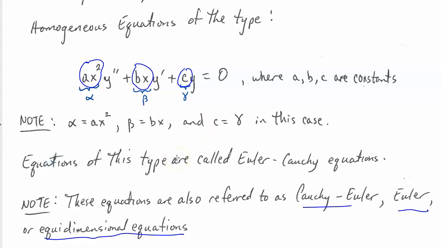Now, the reason why they're called equidimensional type of equations is because, as we can see in this term, notice that the power that x is raised to is the same number as the order of the derivative. Each term has that quality about itself.